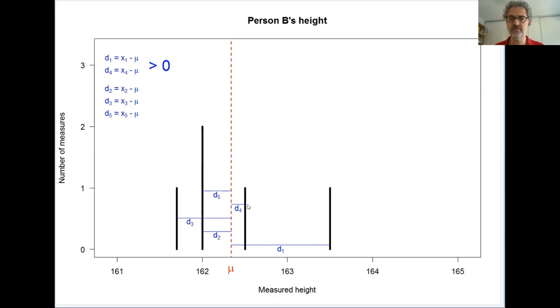And x4 minus mu, again, will be a positive distance because this is more than this. It's to the right on the axis. In contrast, x3 minus mu will produce a negative number because x3 here is less than mu, the way they are shown right now on this example. So this is to the left of that, therefore their difference will be negative.